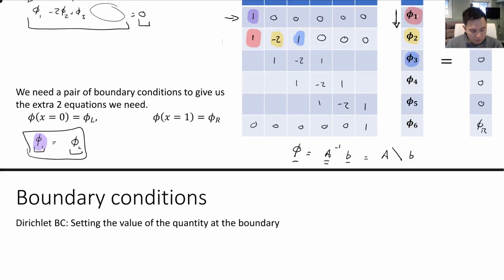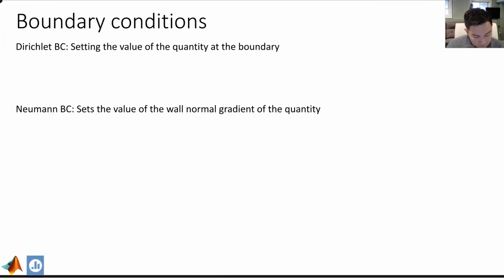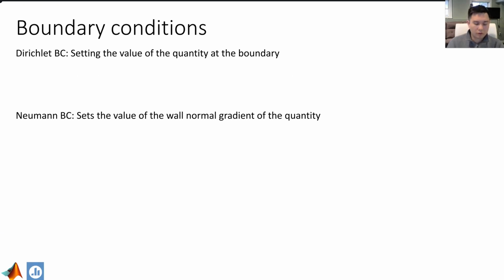So let's talk briefly about boundary conditions. There are two main boundary conditions that we'll use, although we'll briefly mention a third during the lecture. The first boundary condition is a Dirichlet boundary condition. This is setting the value of the quantity at the boundary itself.